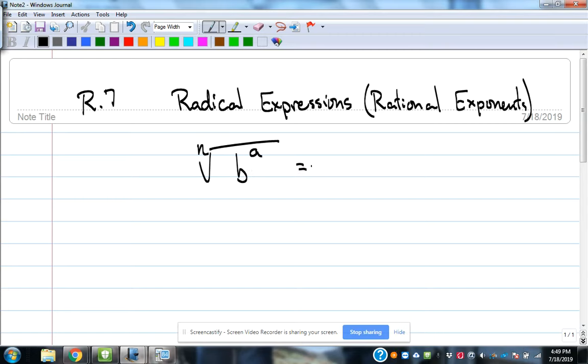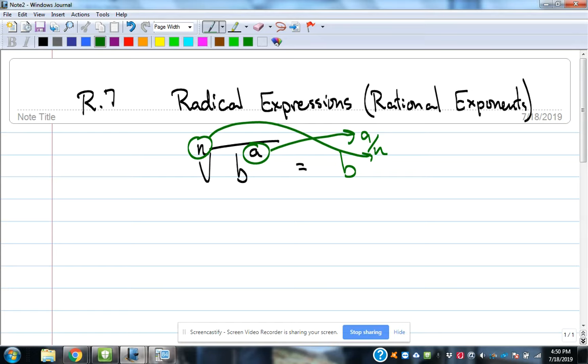So the base is B, and our fraction becomes A over N. Whatever exponent is here goes up top, and then the index of the root, whatever root you're taking, becomes the denominator. That's the trick to converting from a radical expression into a rational exponent.